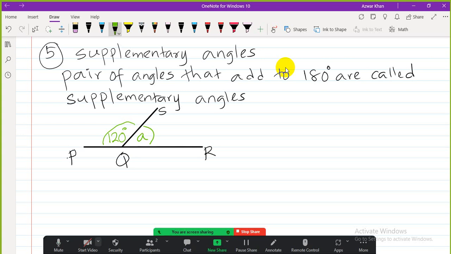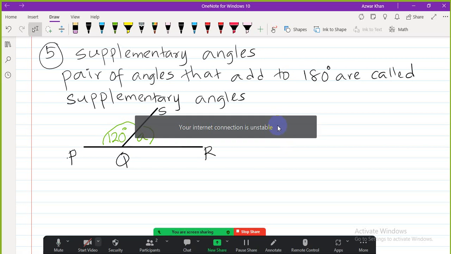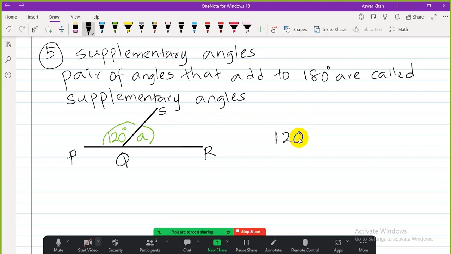120 plus A is equal to 180. So we can say A is equal to 180 minus 120.